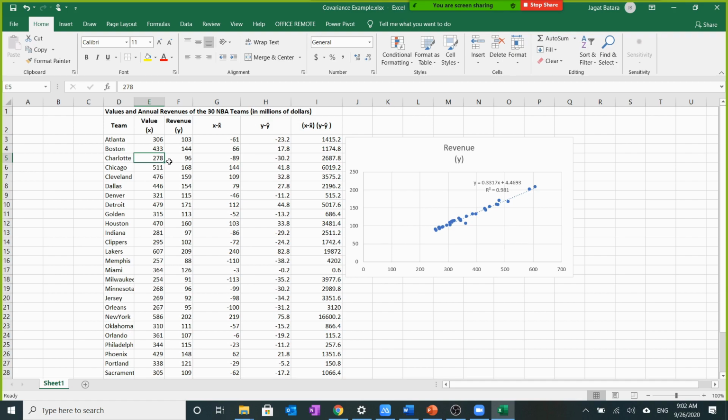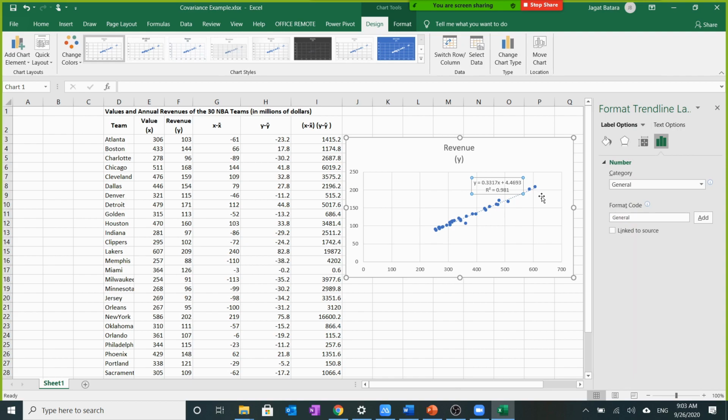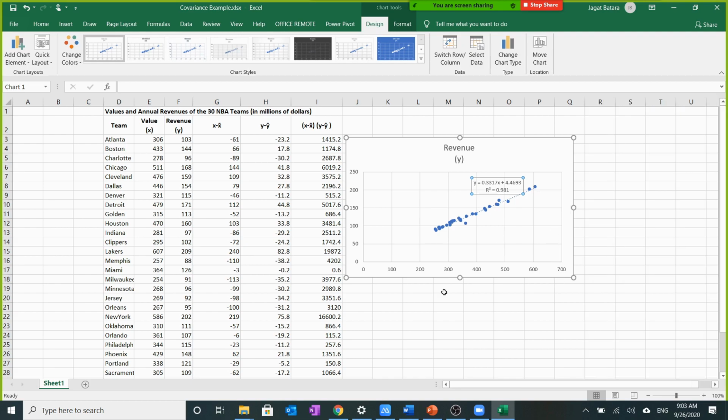So how big is the revenue that I will get if I increase my value to 350? We can predict by using this formula, because the formula is generated from the data that we have. Okay, so we can calculate.